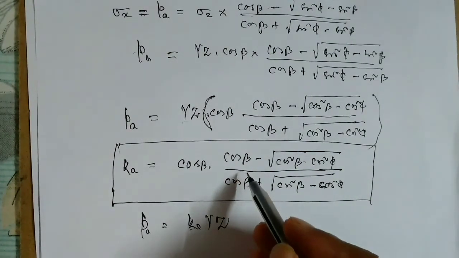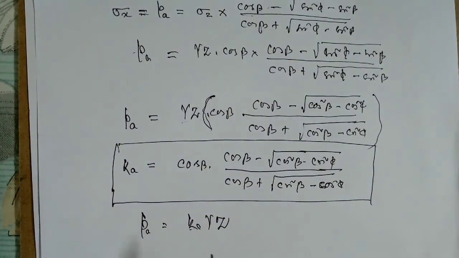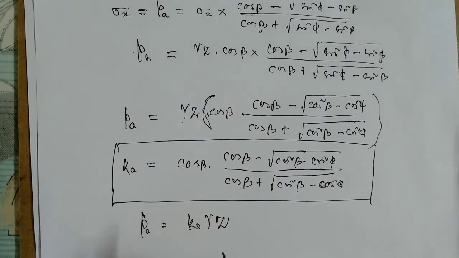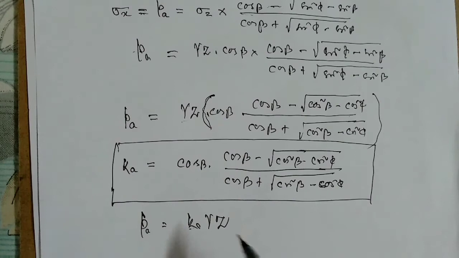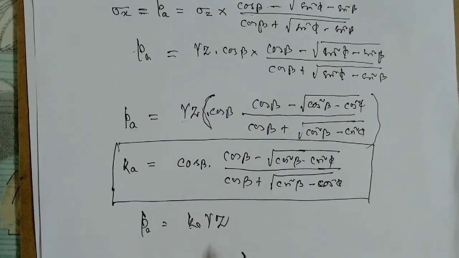The point to be noted is that if the backfill is not inclined, if it is horizontal, that means beta is 0.